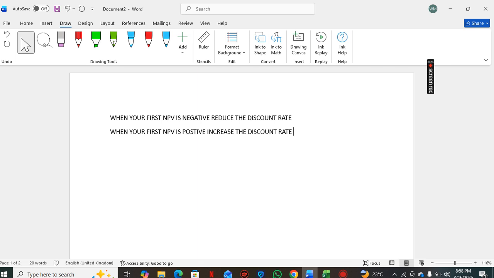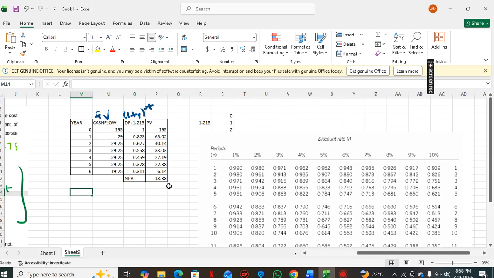If you see a positive sign, increase. That's one way you can remember these, colleagues. So our first net present value here is negative 13.38. It's a negative. So we can choose our next discount rate.